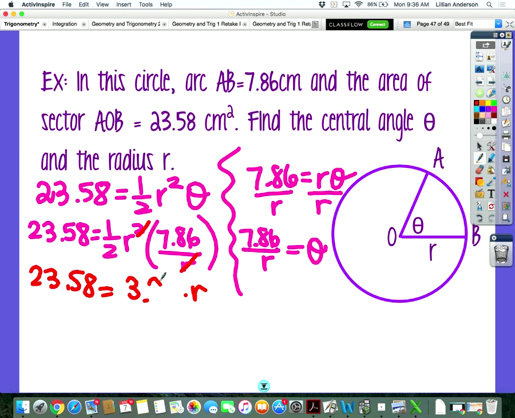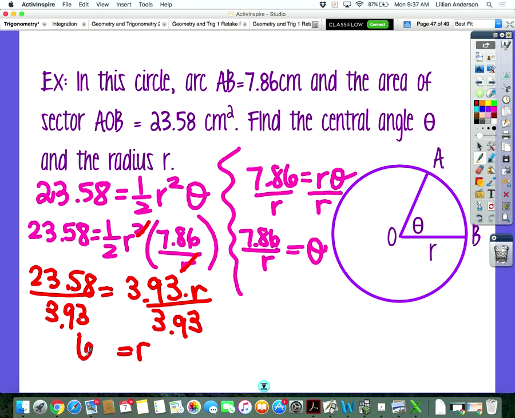So 3.93 r. So all we have to do to find r is divide. So our radius is 6 centimeters. Okay?